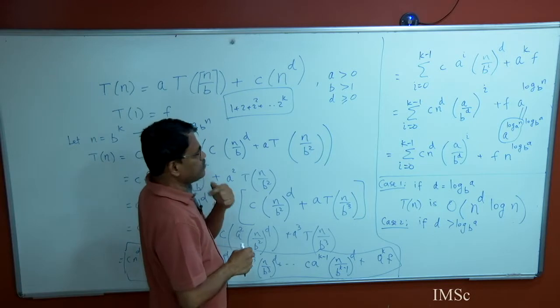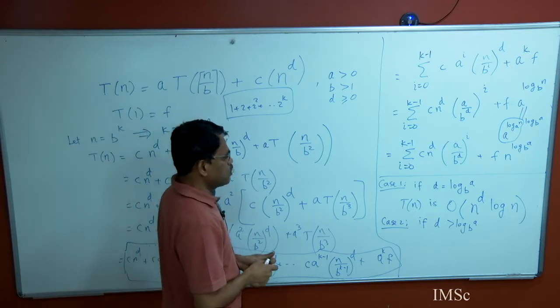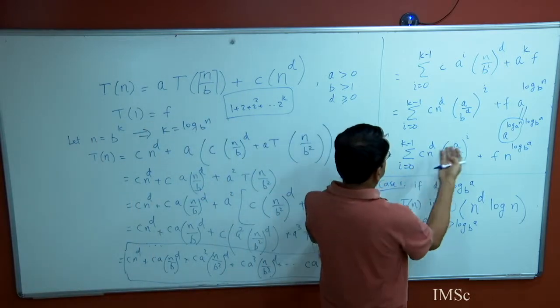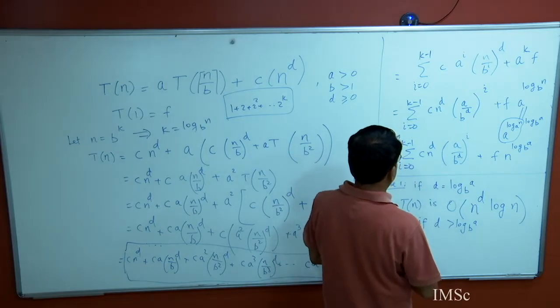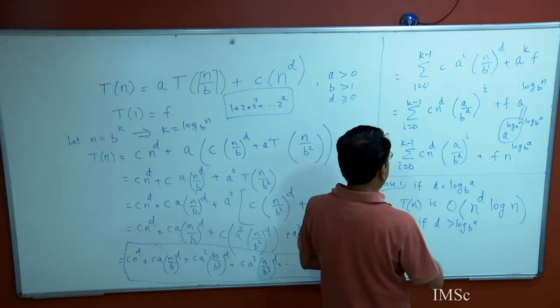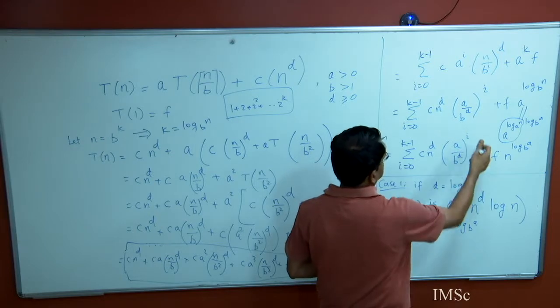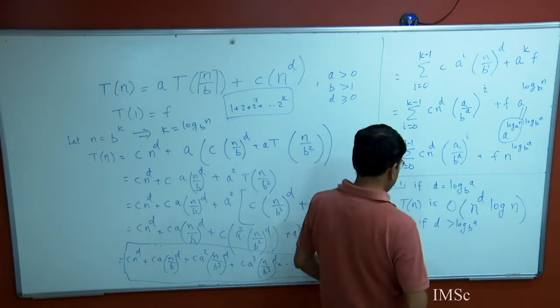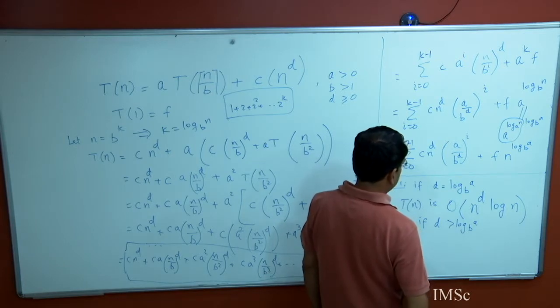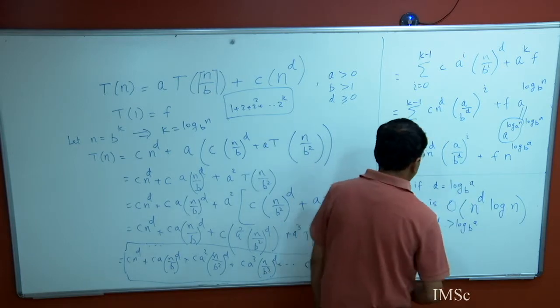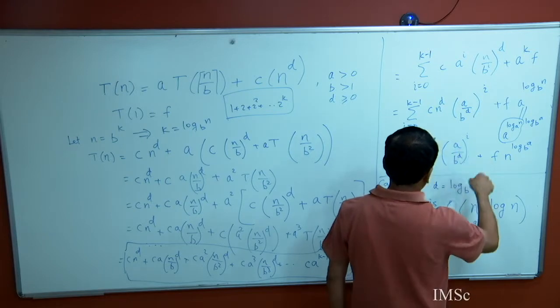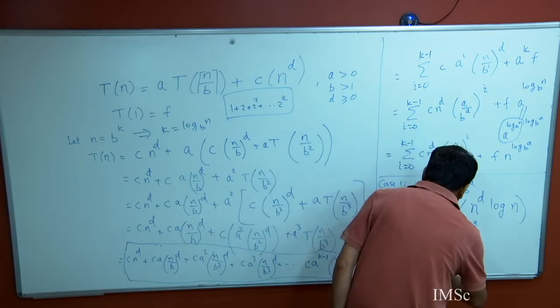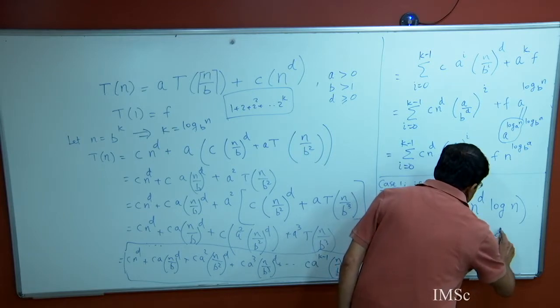So here the last term would be c n power d into whatever this times k. Okay, but k is log n, so it doesn't matter. It's still some constant here. Okay, so I want to claim this T of n is order n power d.